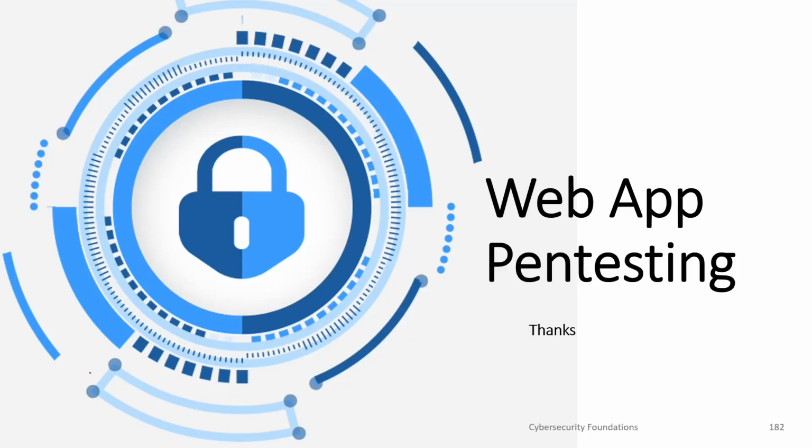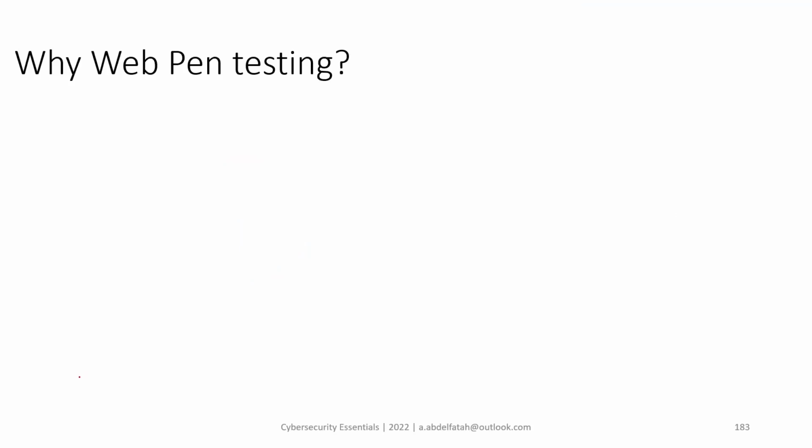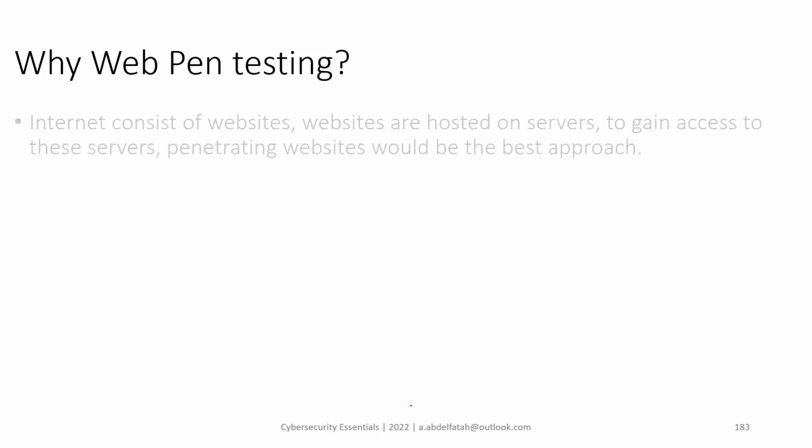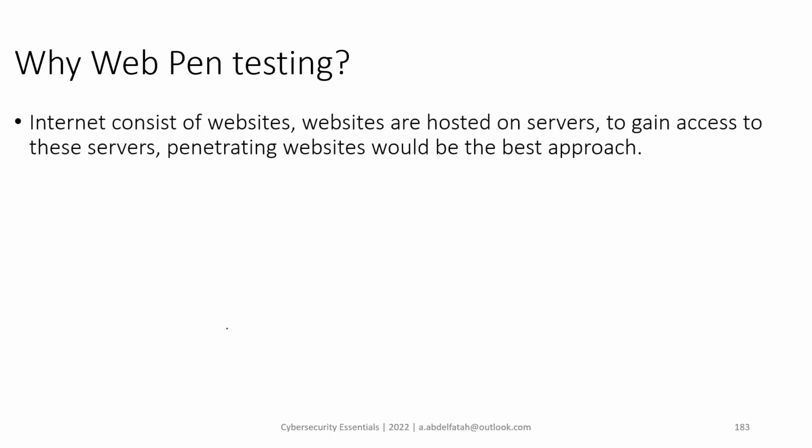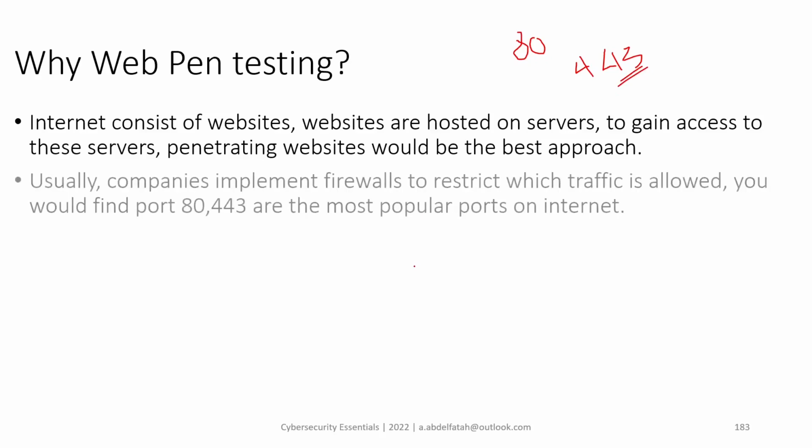But if an organization has an API, a mobile application, or a website that needs to be visible to the public in order to utilize the service, then as the internet consists mainly of websites, and we have a lot of port 80 and port 443 opened to the globe, we usually find web attacks are the most common nowadays.